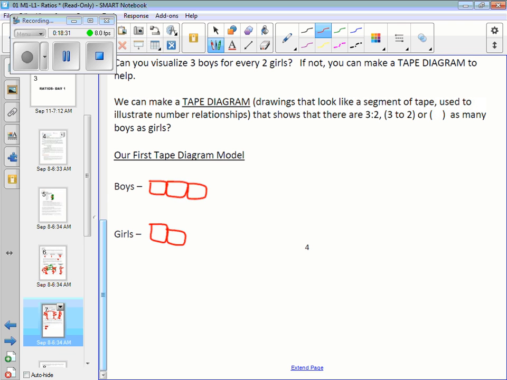You could just write boys and girls down on your sheet. And right now, in that given ratio, each box has a value of 1. So that is making our 3 to 2 ratio, right?